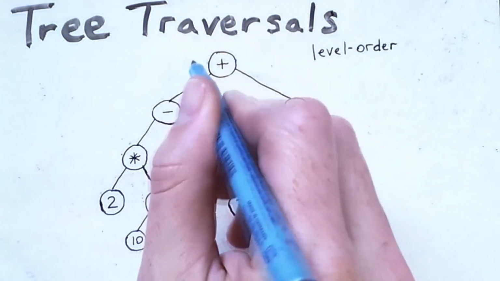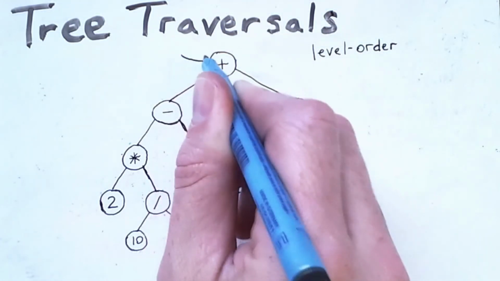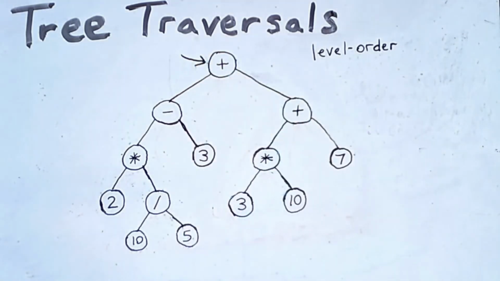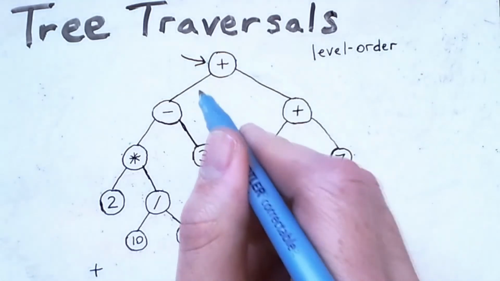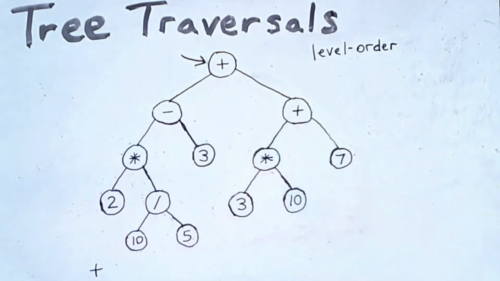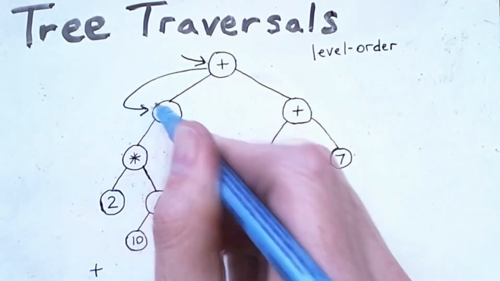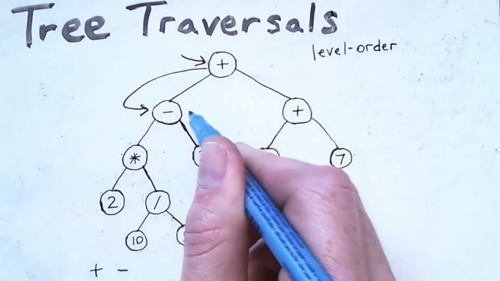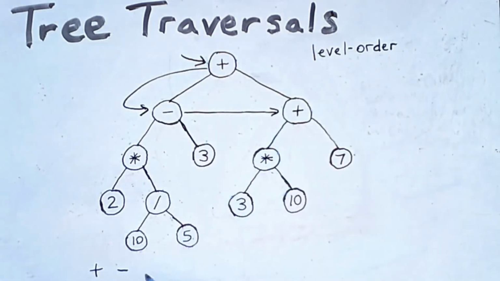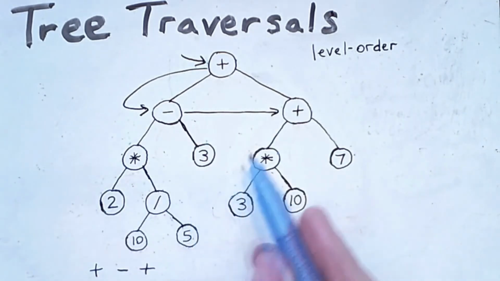So that'll look like the following. We will visit the root first, and so if I'm printing these values, I would print a plus, and then I would print everything in the next level down. So I would go to the minus, and then to that plus.